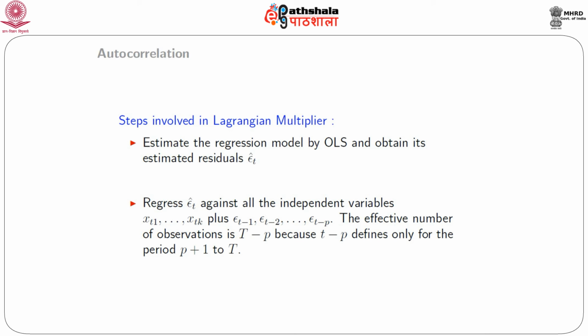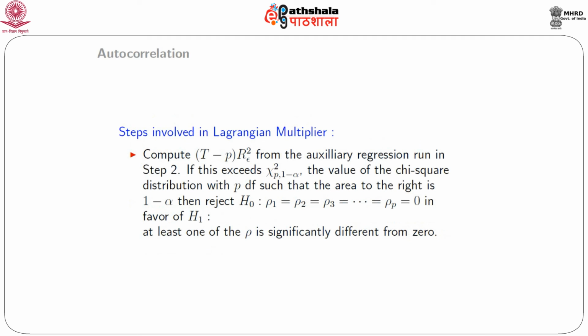The effective number of observations here is T minus p, because the lagged terms are defined only for the periods p plus 1 to T. And then we compute the test statistic T minus p times R squared subscript epsilon from the auxiliary regression that we have run in step 2.